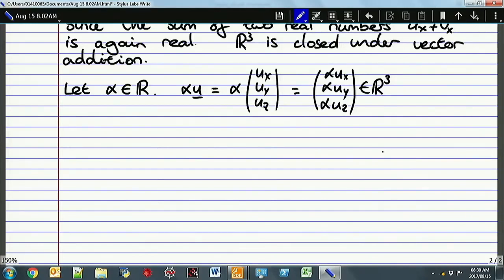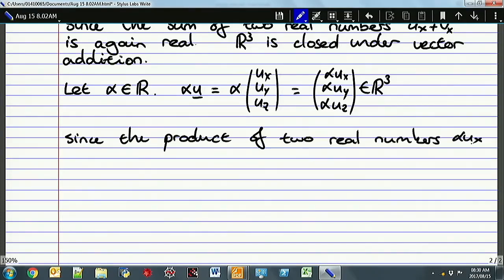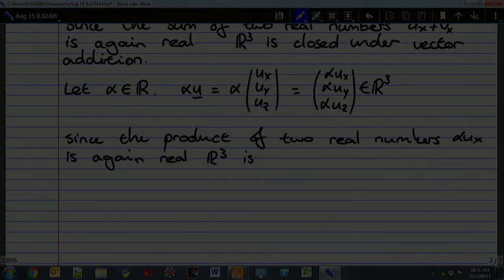Exactly, we write here, since the product of two real numbers is again real, R3 is closed under scalar multiplication.